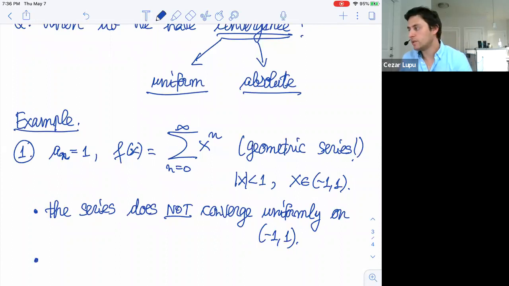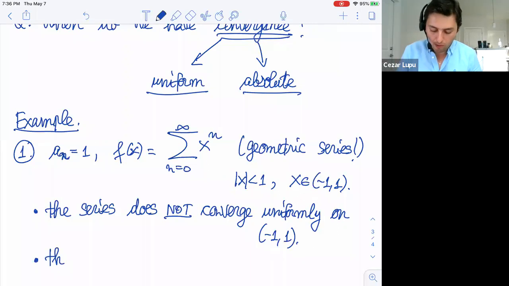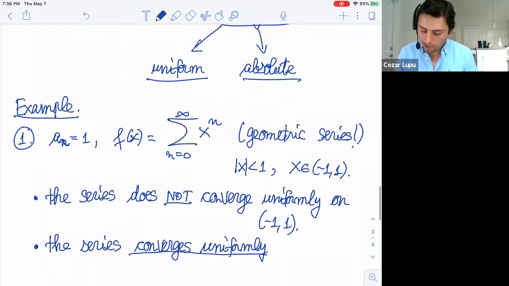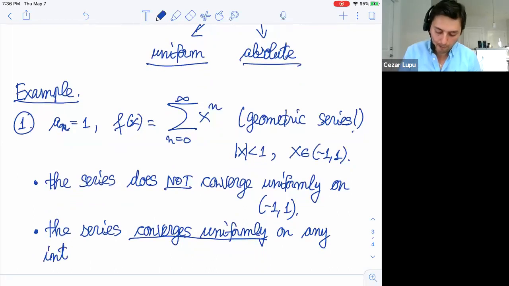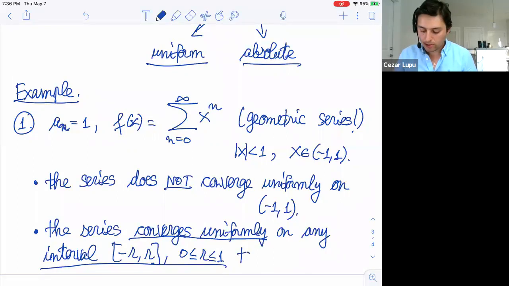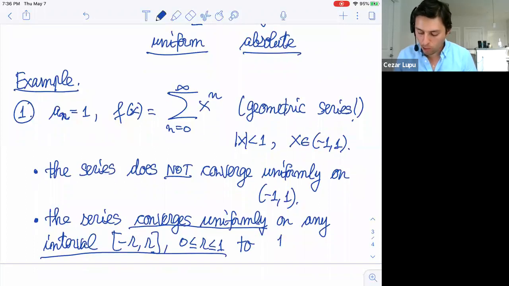But we have also seen the fact that the series converges uniformly on any closed and bounded interval, let's say [-r, r], with r between 0 and 1, and it converges uniformly to this function, let's say 1 over 1 minus x.